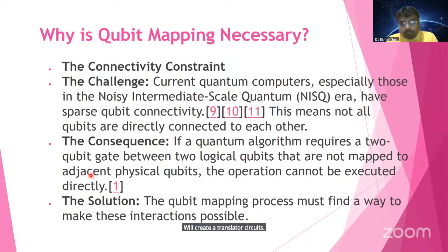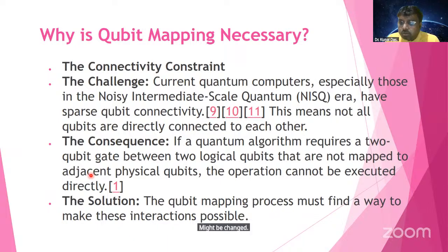This transpiler is the concept of getting the qubit mapping. And why is it required? Because a logical program is constant every time, but in the physical case, your quantum hardware or quantum chip might change.